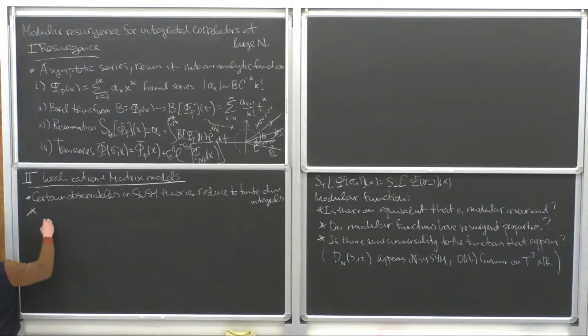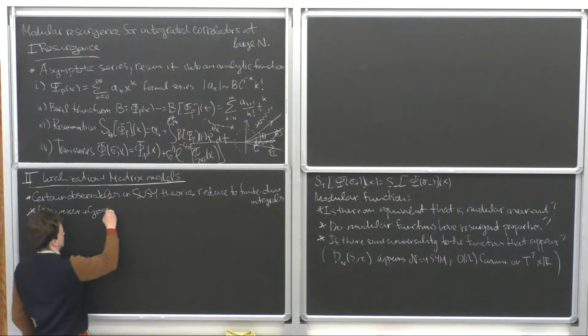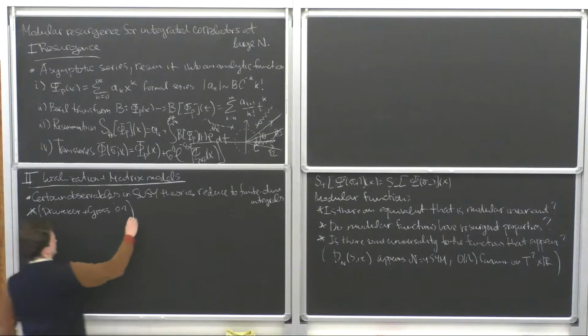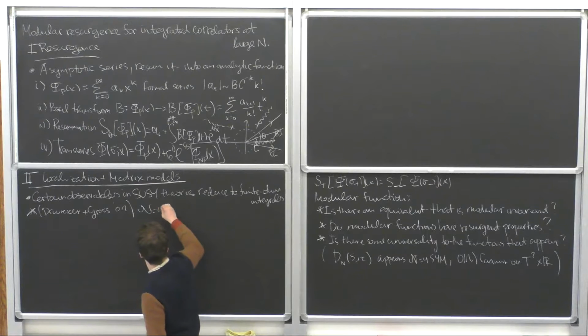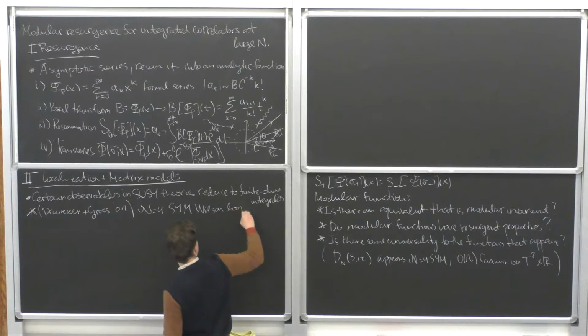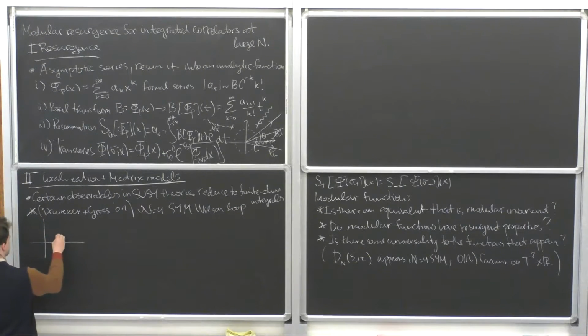So historically, this comes first from an idea by Drukker and Gross in 2001, where they were considering N equals 4 theory, and they thought about a Wilson loop in this theory. Their idea is that they take this Wilson loop and they put it here.